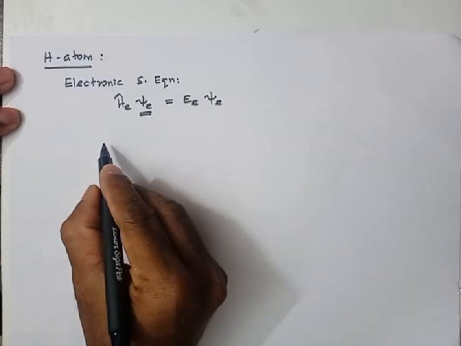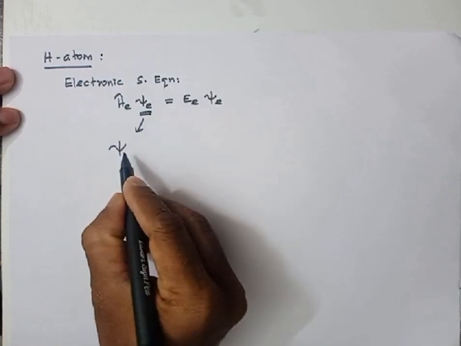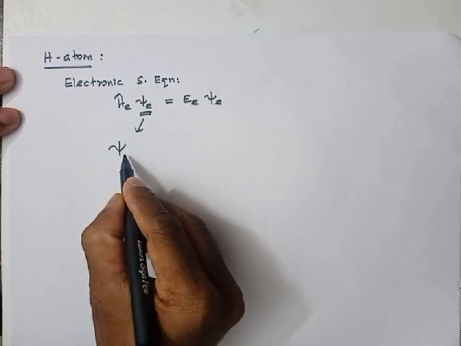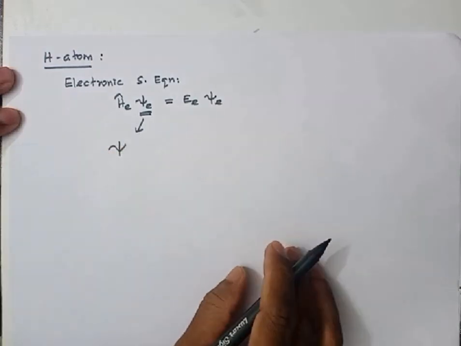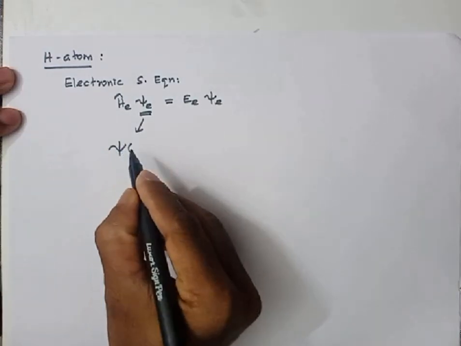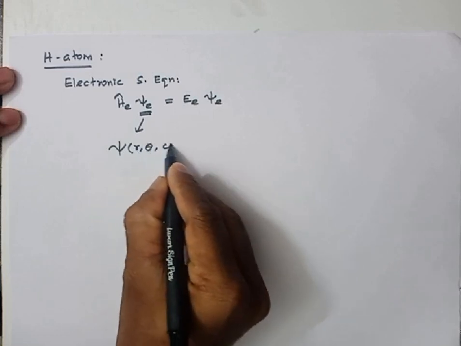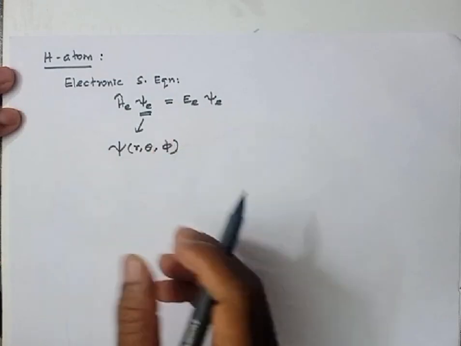Okay, and I told you last class that this wave function is actually the electronic wave function. I'm not going to put E here, but keep this in mind. This electronic wave function depends on three variables R, theta and phi.